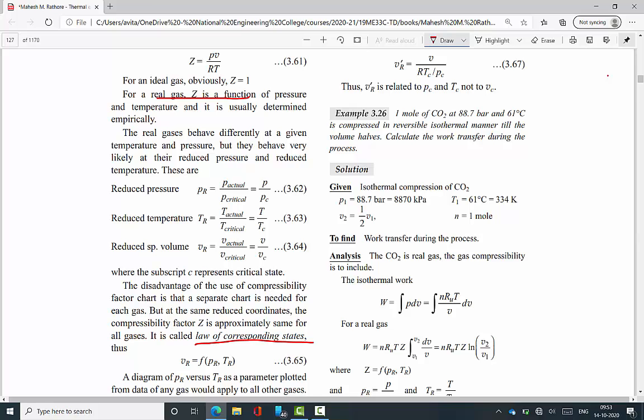This statement is called the law of corresponding states. VR is a function of PR and TR.